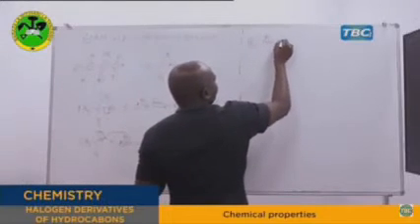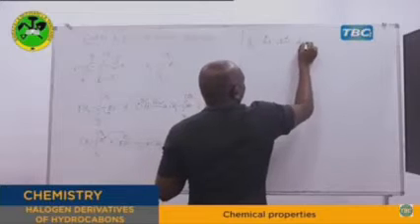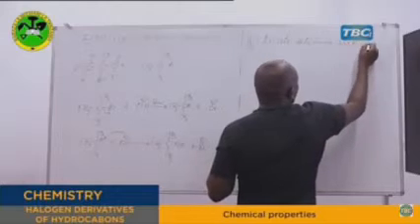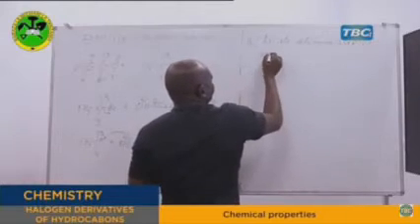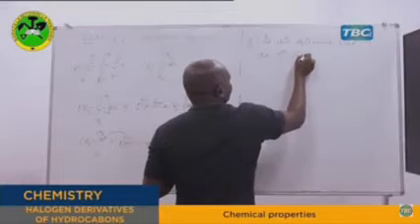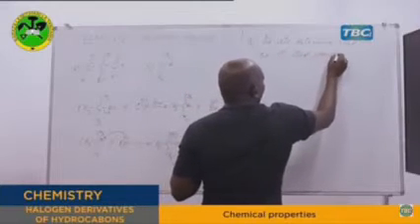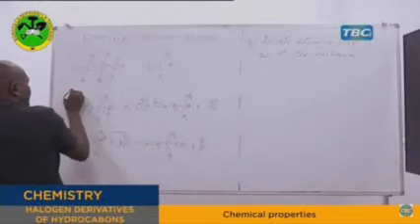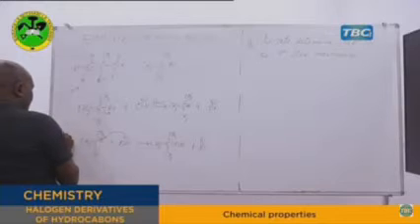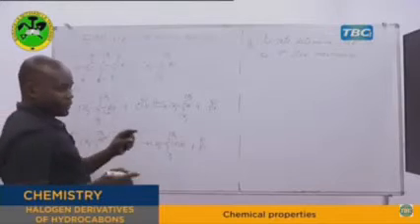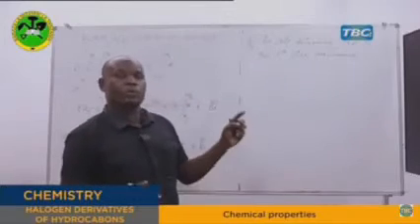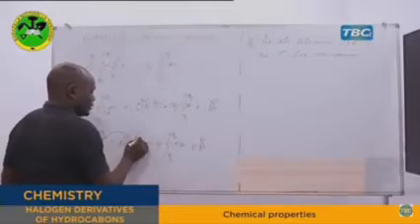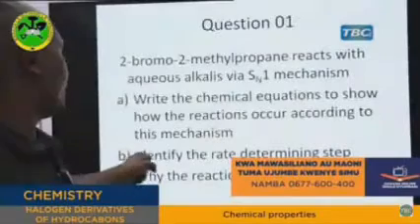So the rate determining step is the first step of the mechanism. Let's say that this is the first step reaction, and this is the second step reaction. To determine the rate determining step, you consider the slowest reaction, and the second one is fast. So that is the answer for the second part.